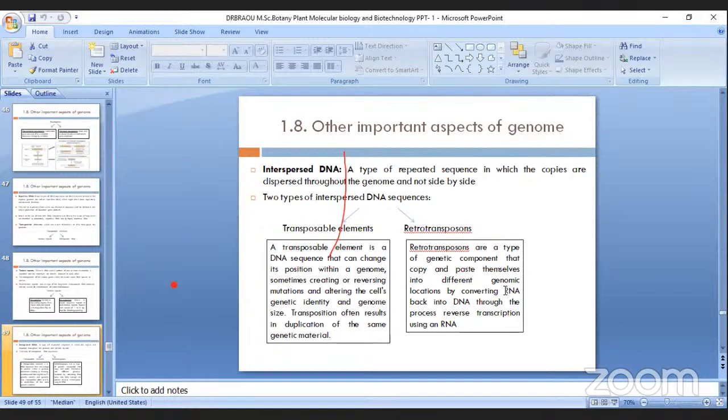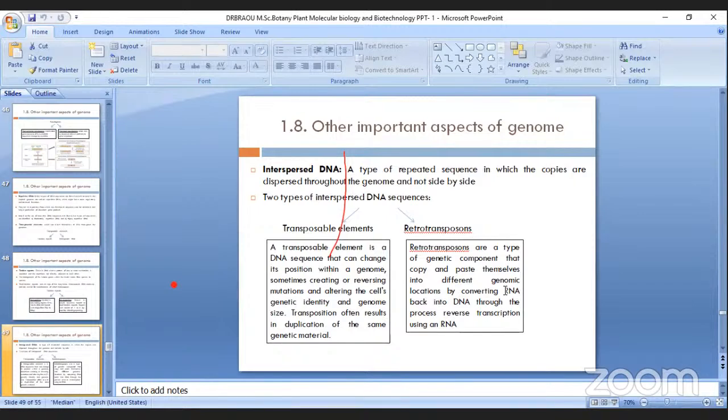So what are transposable elements? A transposable element is a DNA sequence that can change its position within a genome, like it can jump within a genome. At any position it can change, and sometimes it might create or reverse mutations, and it might alter the cell's genetic identity and genome size.